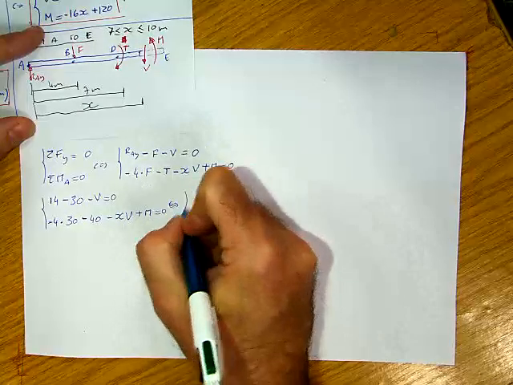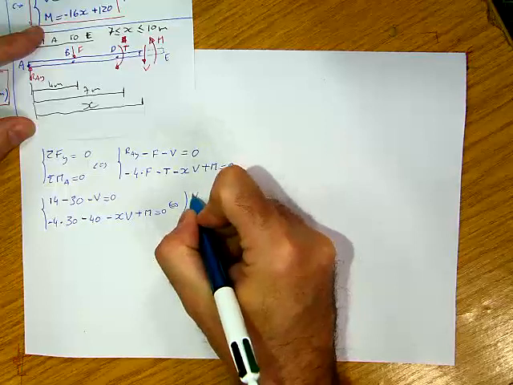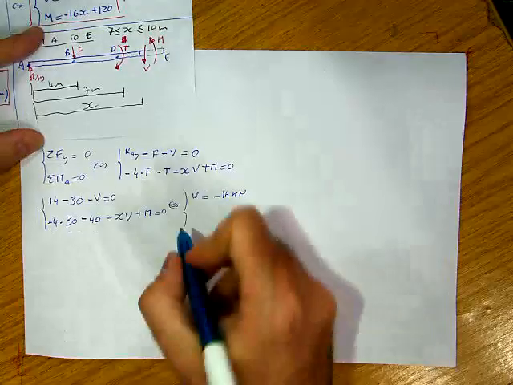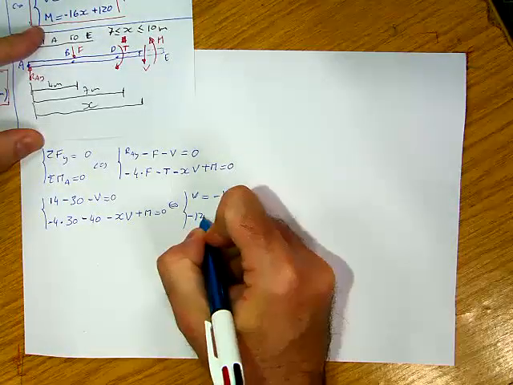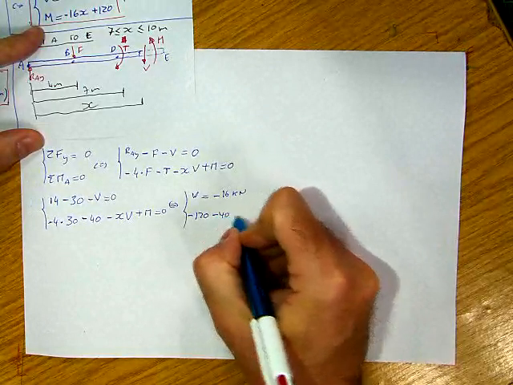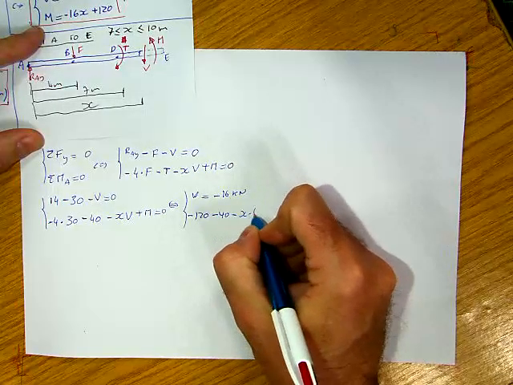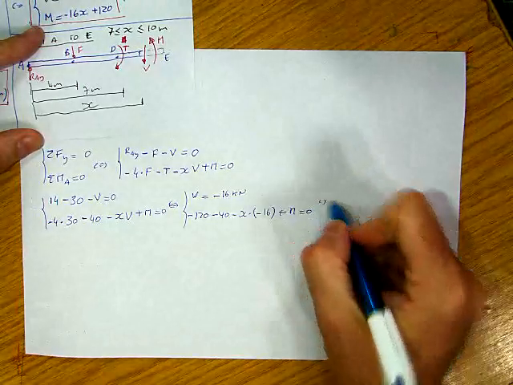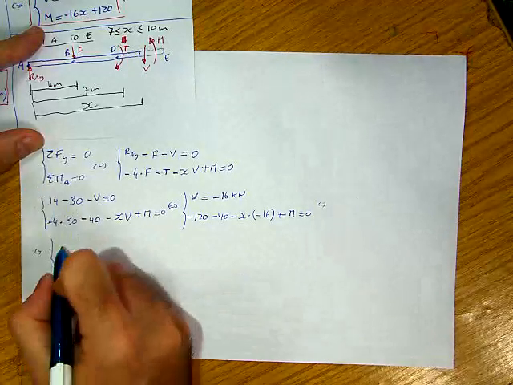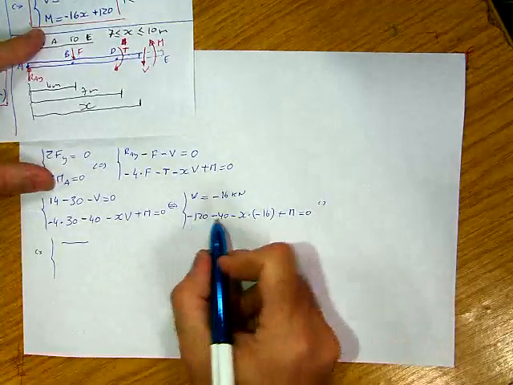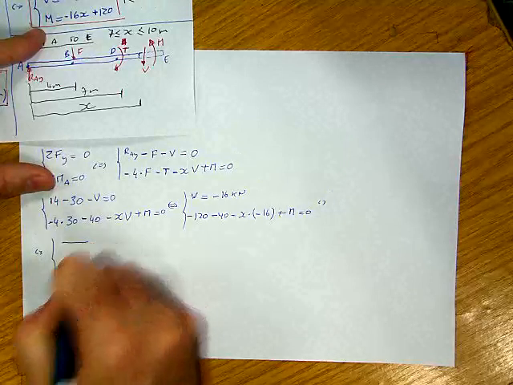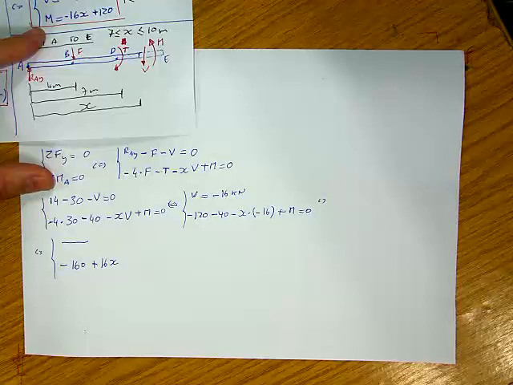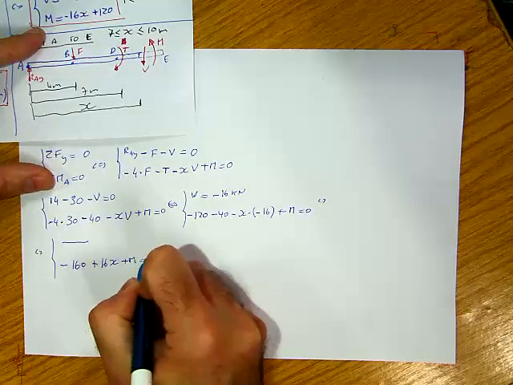So what it yields is, and I'm going to be a little bit slower than before, V equals to, again, minus 16 kilonewton. And on the row underneath we have minus 120, minus 40, minus X times minus 16 plus M equals to 0, which is equivalent to, I don't need to write down the first row, minus 120 minus 40 is minus 160, plus 16x, plus M equals to 0.